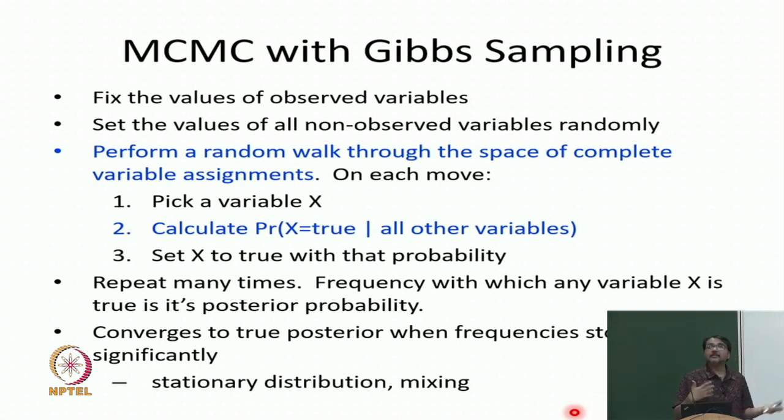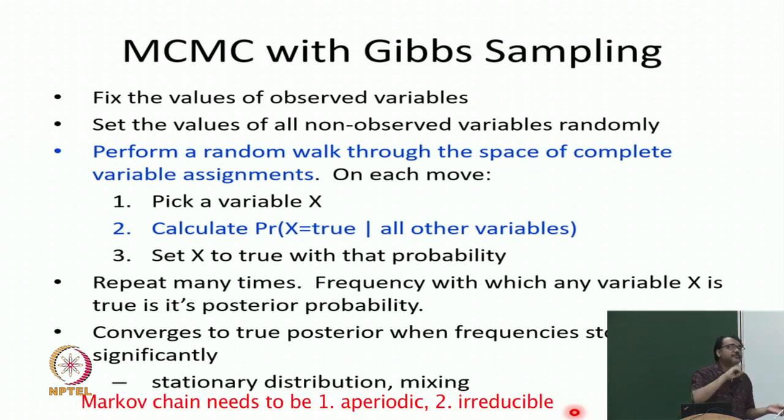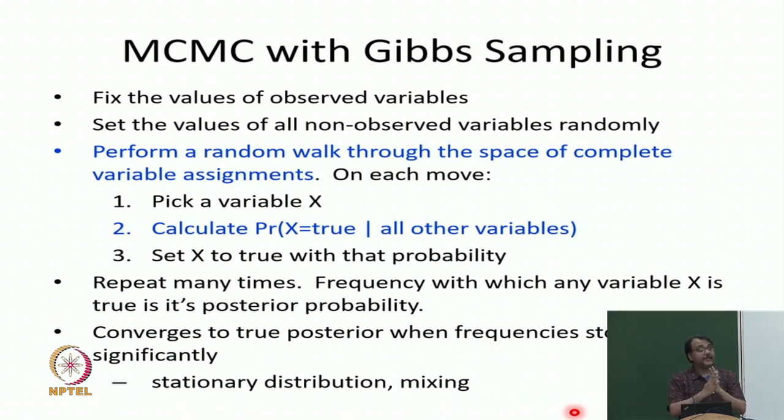For example, the Markov chain needs to be non-periodic, aperiodic, and I forget, there are two properties that are needed, maybe ergodic or something. And 3, when you reach the stationary distribution, what is the distribution you are going to converge to, and you can prove that that will be the posterior distribution.